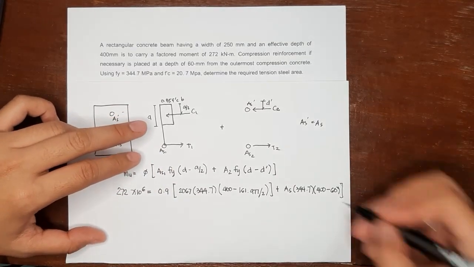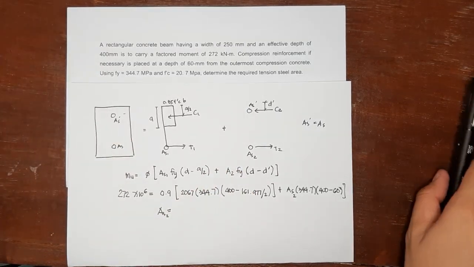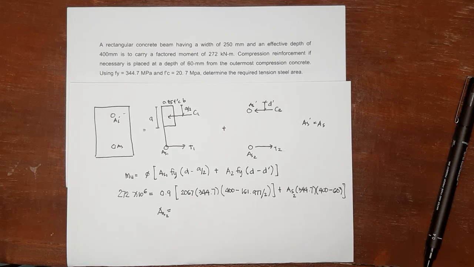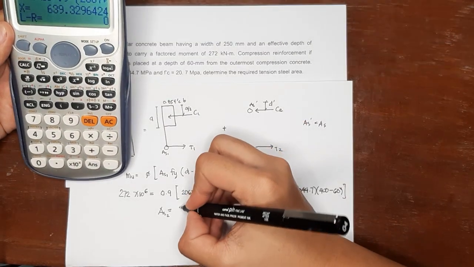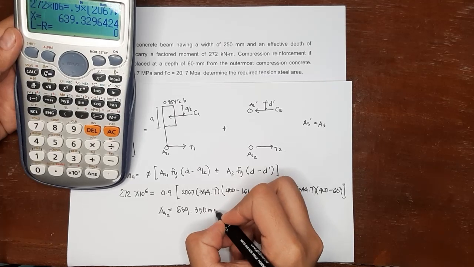So our AS2 is equal to 639.330 square millimeters.